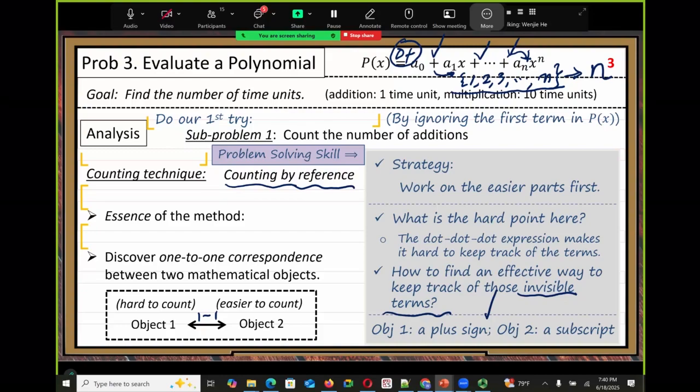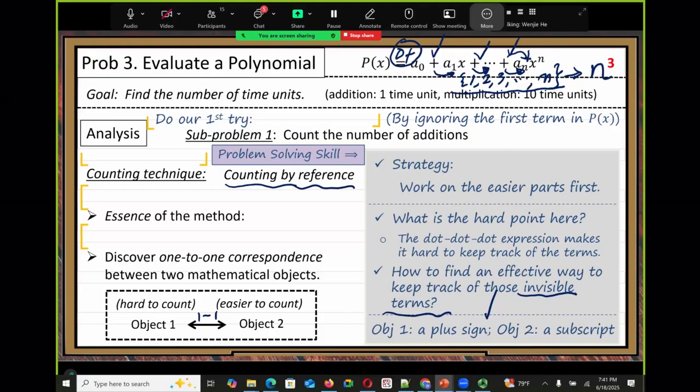The second plus sign, the subscript right after the second plus sign, and so on. The last one, the subscript right after that plus sign.